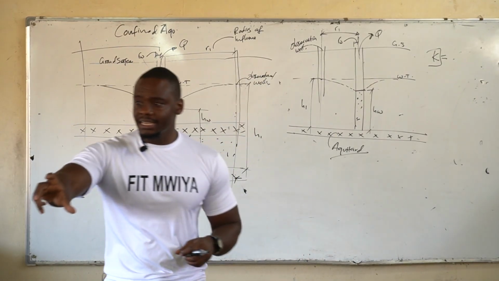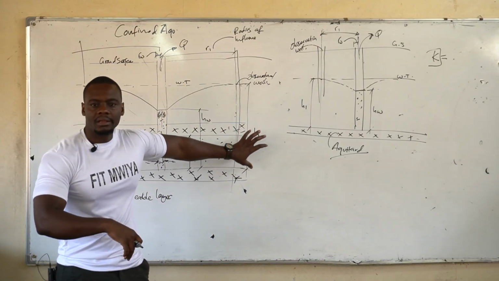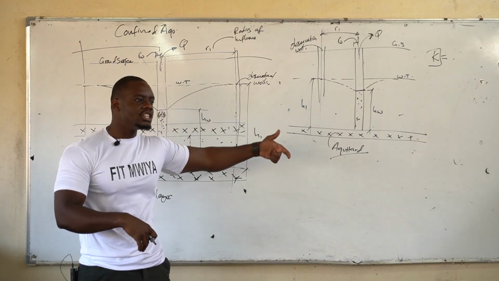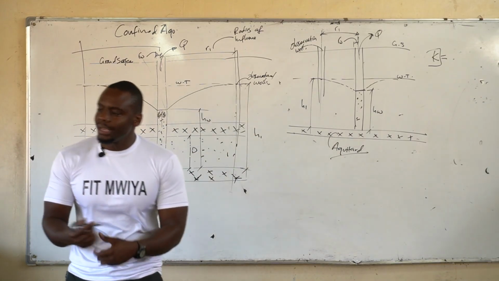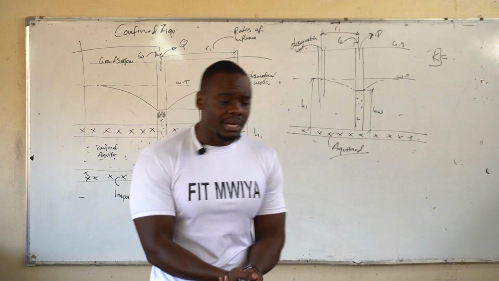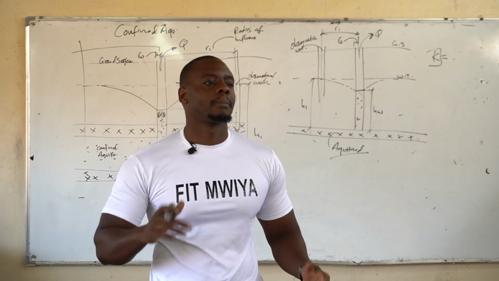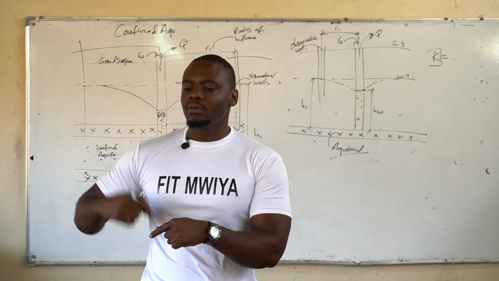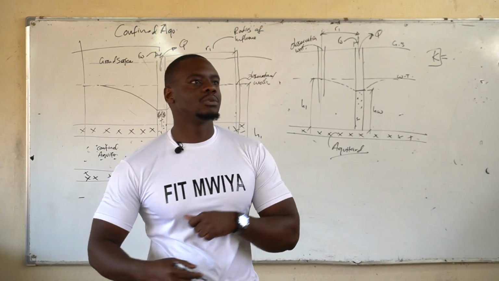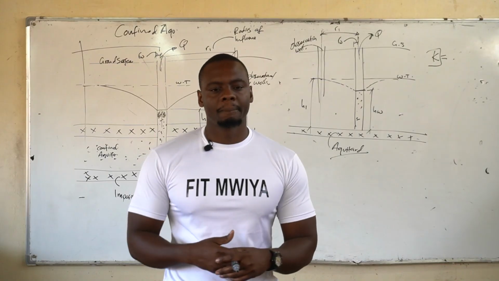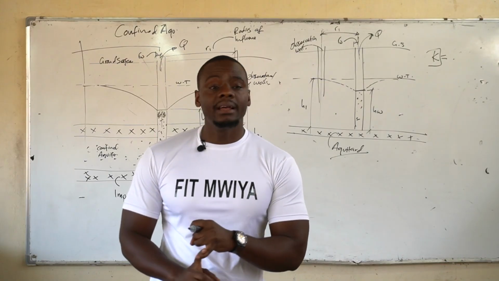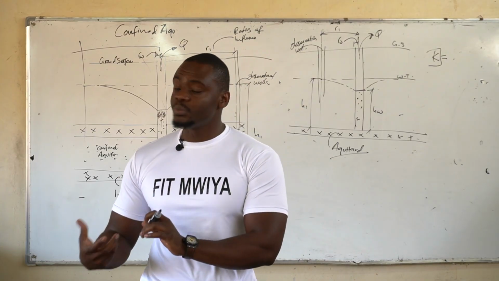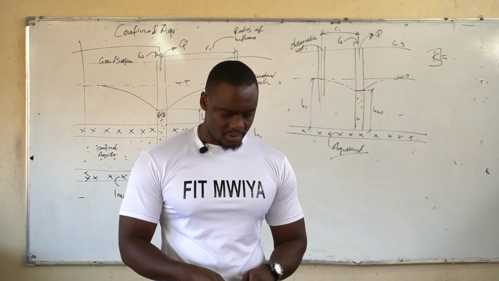So when we are calculating, we're trying to determine if the value of K is within the range that allows water to be abstracted at a good rate. That's why it's important for us to find the value of K. It tells us of the value of the medium. It tells us of the quality. One, does it hold enough water? But then two, does it allow enough water to be abstracted from it? Okay?